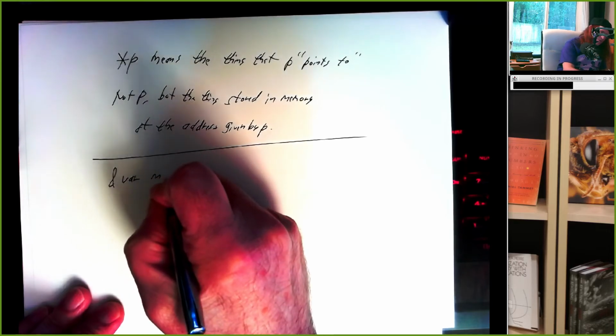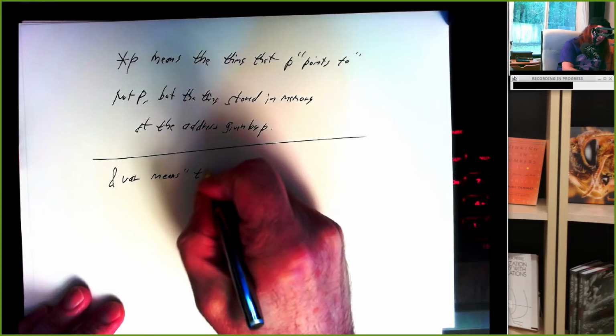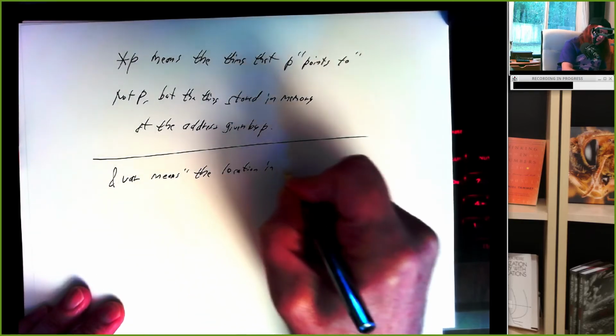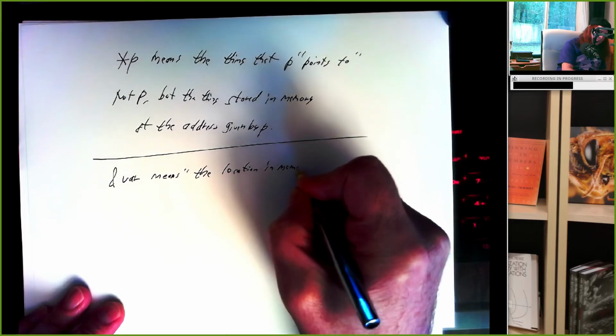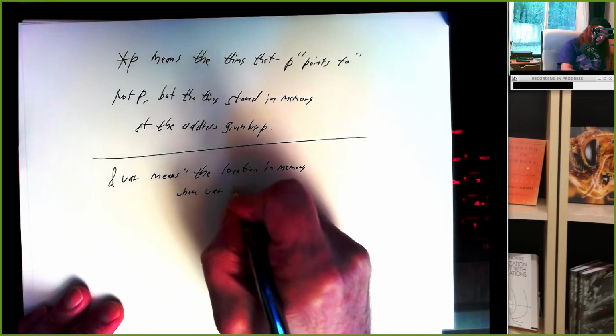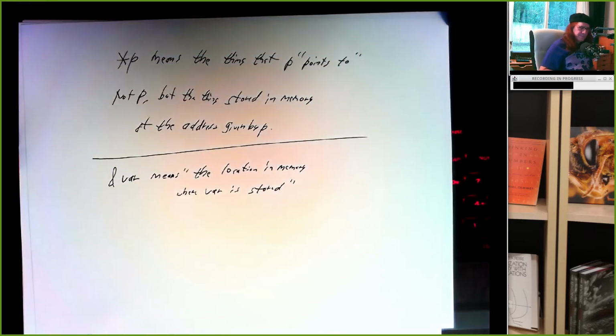If I say ampersand some variable name, that means the location in memory where that variable is stored. So ampersand variable means the location where that variable is stored in memory.